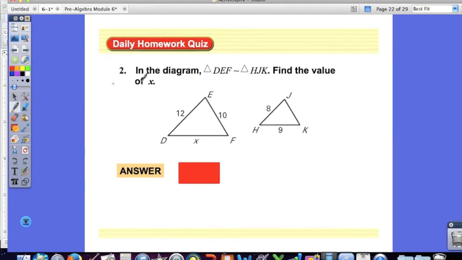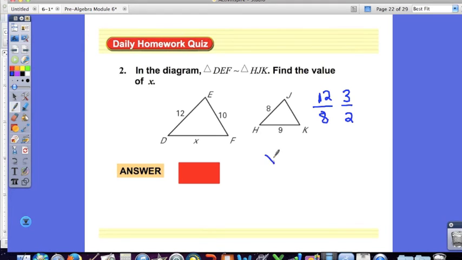In the diagram, these two triangles are similar. They want you to find the value. So DE lines up with HJ. I always want to check these because sometimes in later sections they'll start rotating these figures around. So 12 to 8, they're both divisible by 4, so that's 3 over 2.